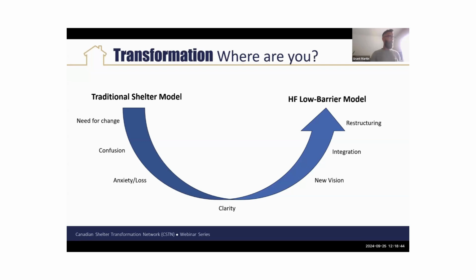You could also have feelings of anxiety and loss because potentially you've been doing this work in a very specific way for a very long time. And to change the way you do this work can make you feel anxious, or feel a loss of the relationships you've had with some long-term shelter residents. So Grant has been here so long, and I like seeing Grant in the shelter, and he's a stabilizing presence. And so losing him might be a loss of that relationship.